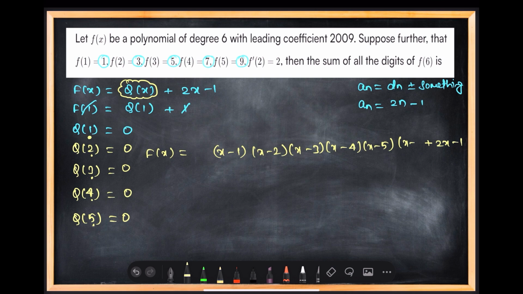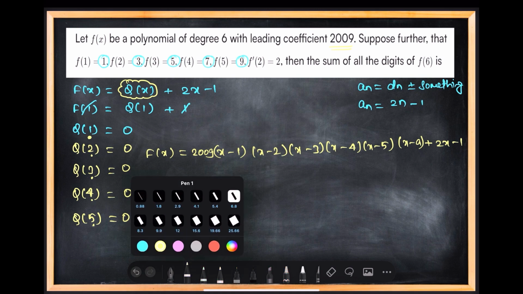Look at this. x minus, suppose it is a. Now it will become a 6-degree polynomial. And also they wish to have leading coefficient as 2009. So we will mention 2009 as the leading coefficient.